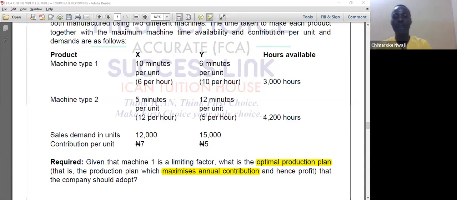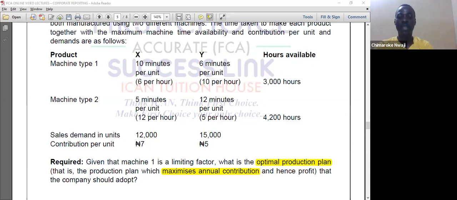That can be found as follows: 12,000 multiplied by 1,500 divided by 2,000 hours. That will give you 9,000 units that you require.